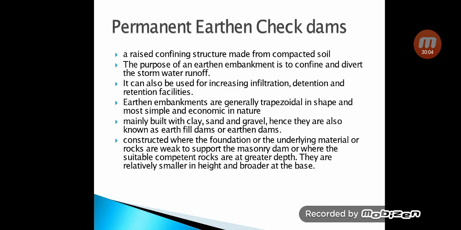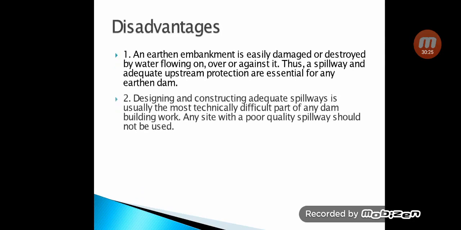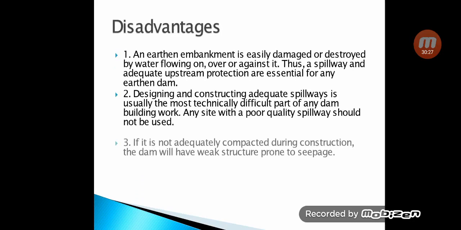So these are constructed where the foundation rocks are weak to support a masonry dam, and where suitable competent rocks are at greater depth. They are relatively smaller in height and broader in base. So these are certain disadvantages.